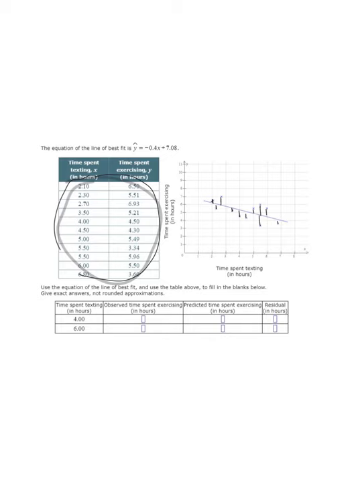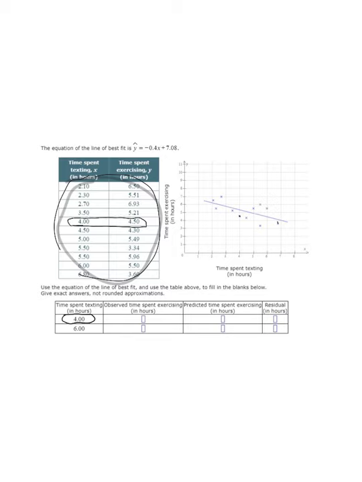So in this first one, let me get rid of those real quick. I'm looking at when time spent texting is 4. So think about that. Here's 4. Here's the point we're looking at right now. Notice its corresponding y value is 4.5. I can get that from looking right here.